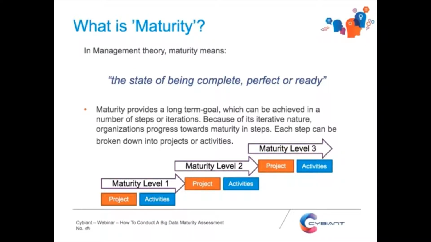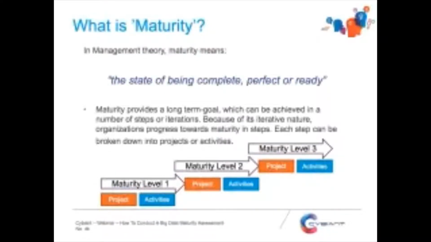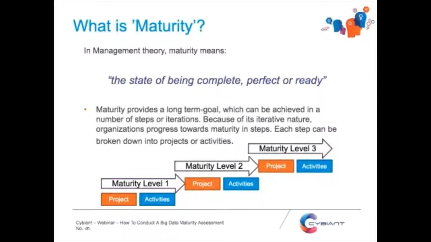And as soon as you realize that and you are able to break this down into those little steps, it becomes so much easier to control. And I think that's especially what organizations like. They would like to have it broken down into smaller steps so that everybody knows what is expected of them. So that's what the term maturity means.